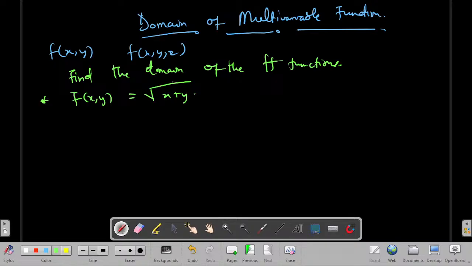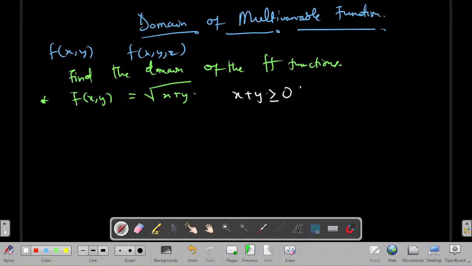First of all, remember domain is simply the set of numbers upon which this function is defined. So what are the set of numbers that makes this function defined? In the presence of a square root, x plus y should be greater than or equal to 0, which is a fact. This becomes our domain, right?